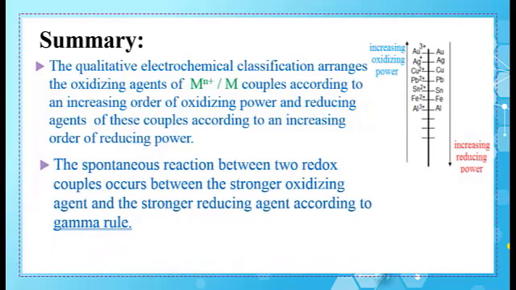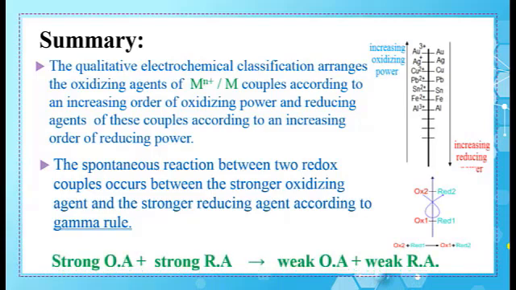Also, the spontaneous reaction between two redox couples occurs between the stronger oxidizing agent and the stronger reducing agent according to the gamma rule. The reaction according to the gamma rule takes place between the stronger oxidizing agent and the stronger reducing agent to give the weak oxidizing agent and the weak reducing agent.